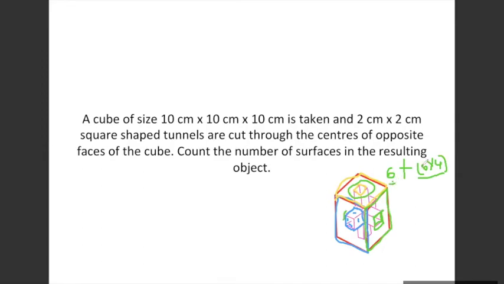Everybody agrees? Question, doubt? Students? So the correct answer will be 24, 6 into 4, 24 plus 6, which is 30. Anybody wants to say anything in this regard?